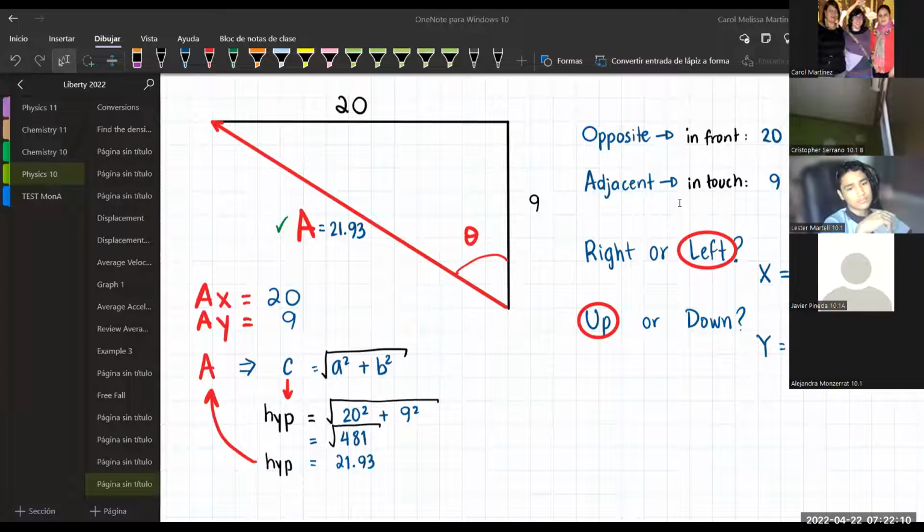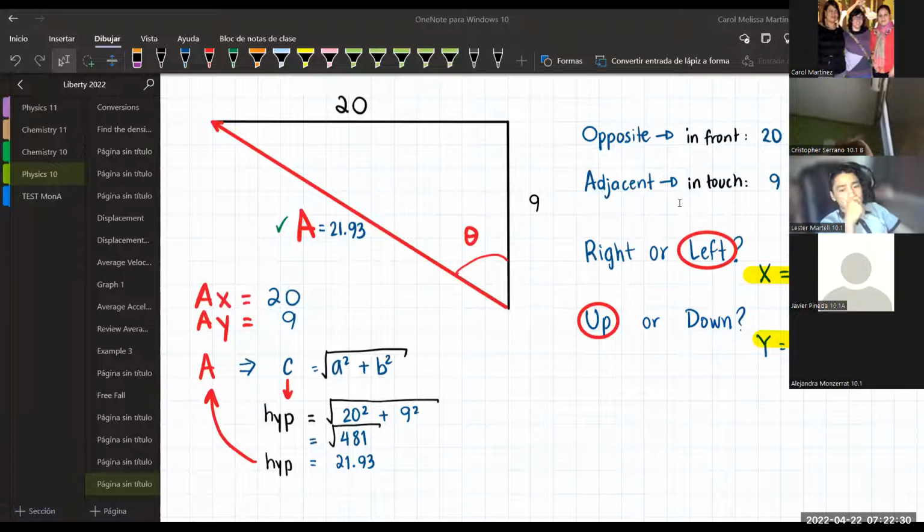So with these, we are able to write the signs, because in vectors we need to write the signs.